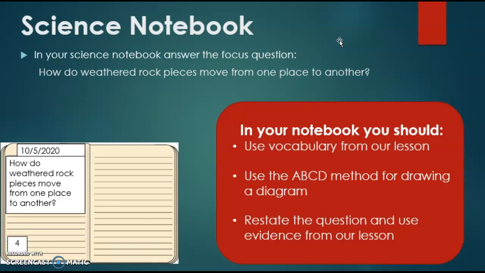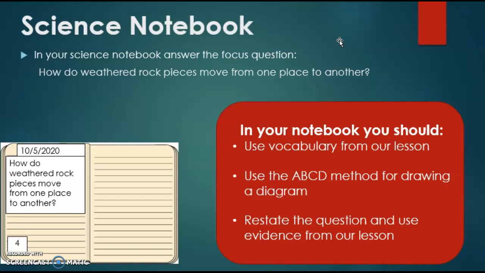We do, I think, a decent job modeling for the students how to complete this question. We tie in some ELA principles with the restate and crossing off the question words to help us form the beginning sentence. Then we ask that the students use keywords such as erosion and deposition, which are listed at the bottom of the chart.